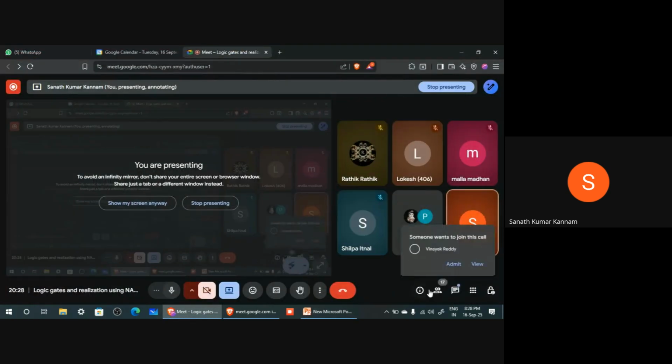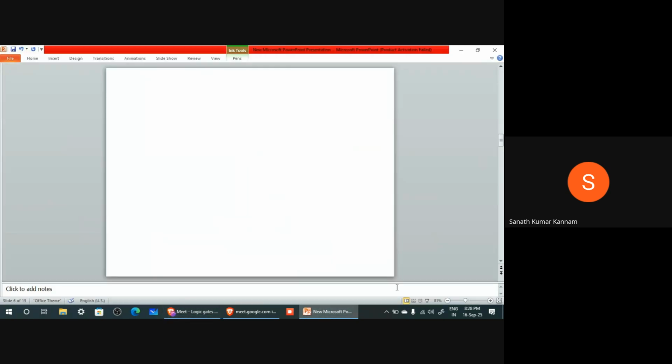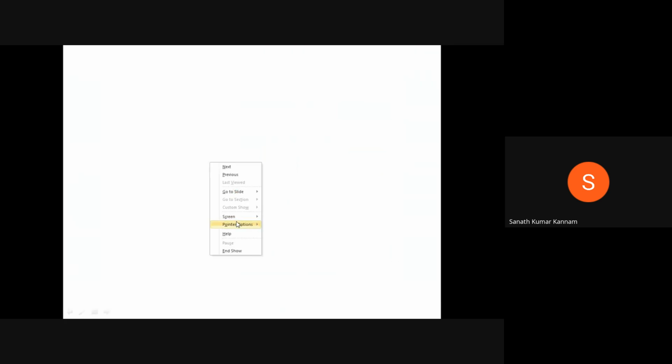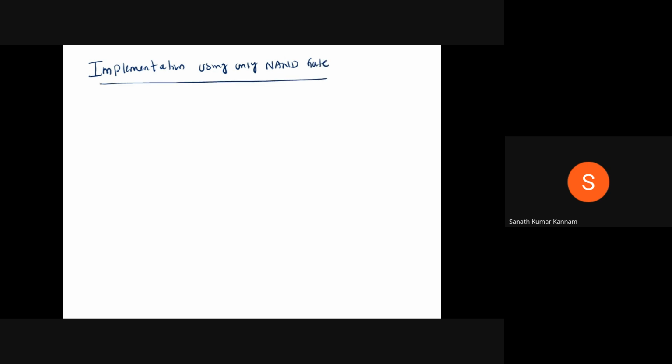Implementation using only NAND gate. How to implement it using NAND gate?